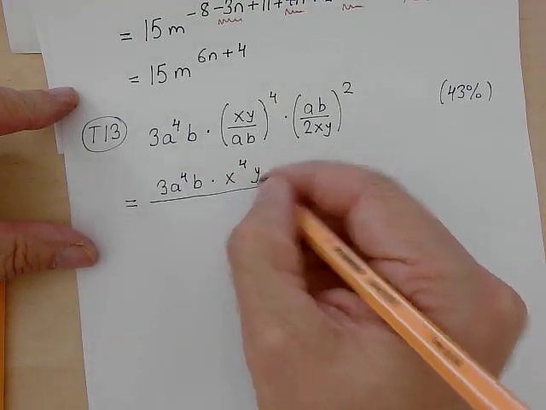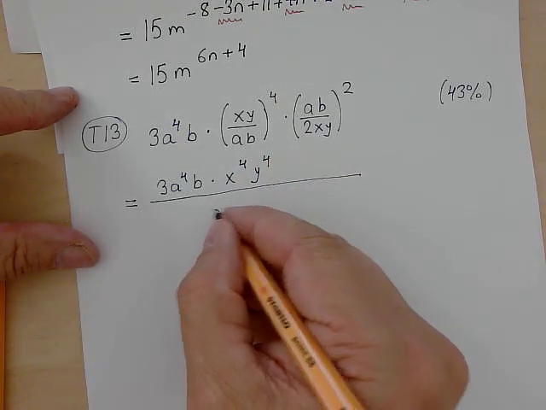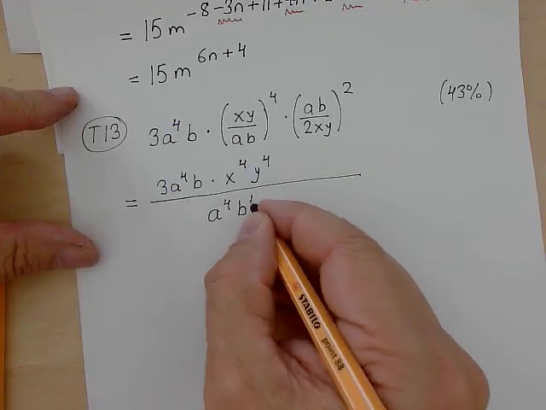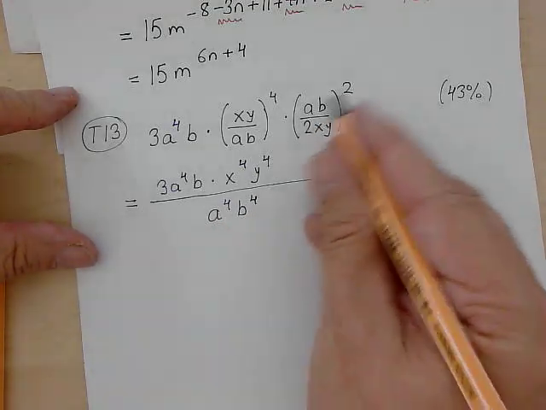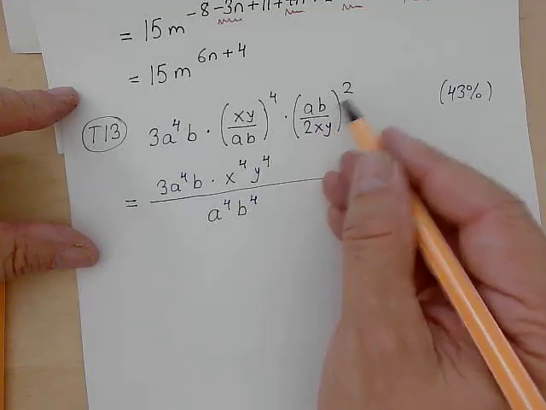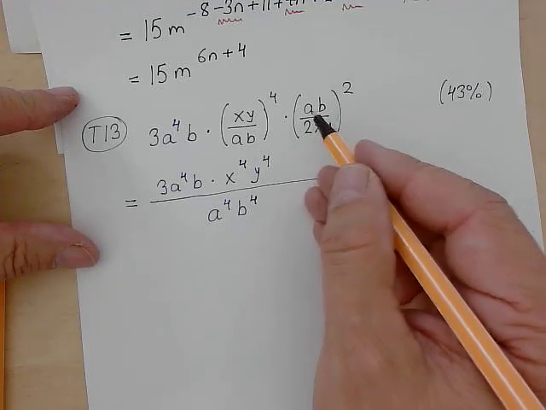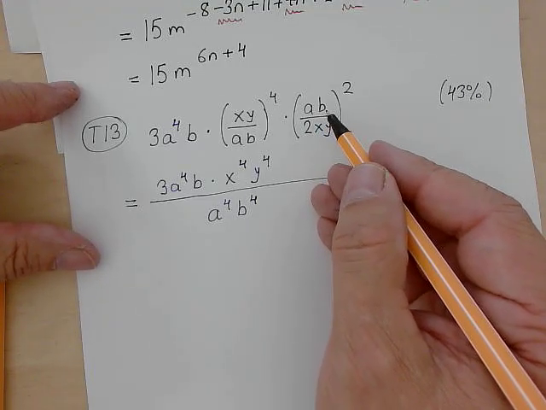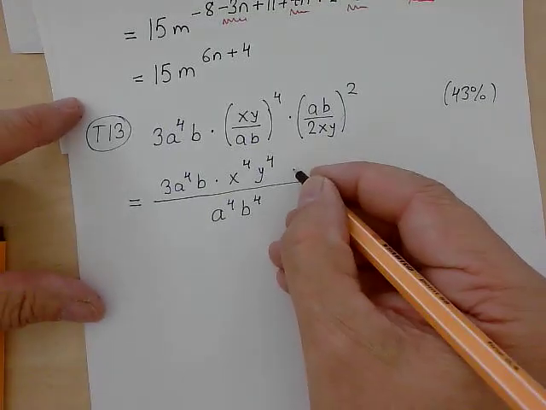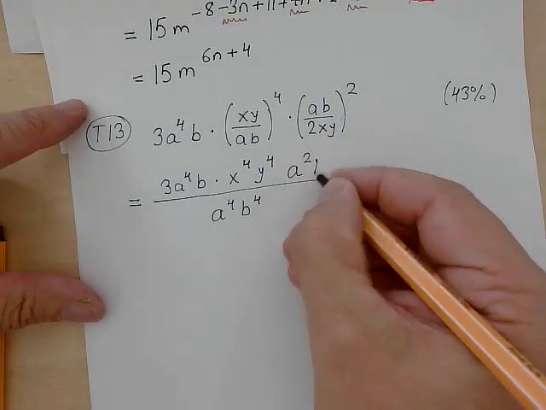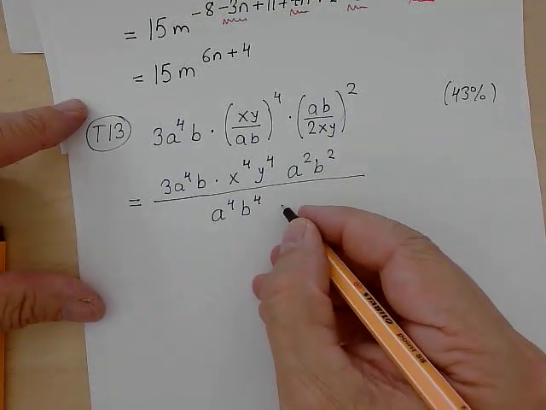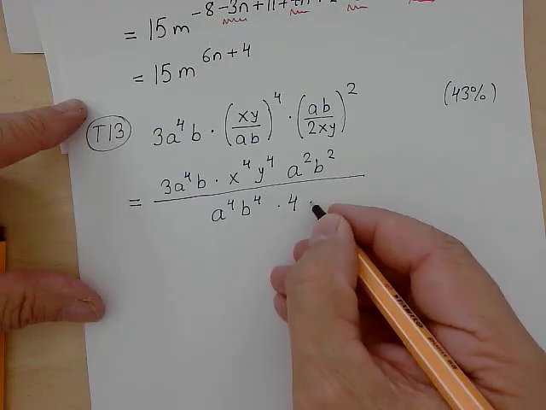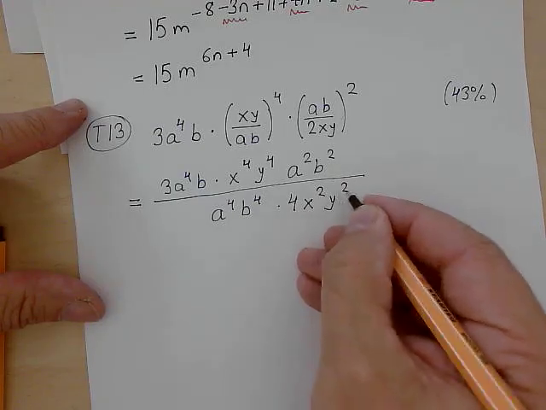X4, Y4, A4, B4. And the same here. All will get exponent 2, or all will be raised to the power of 2. A squared, B squared, 4x squared, y squared.